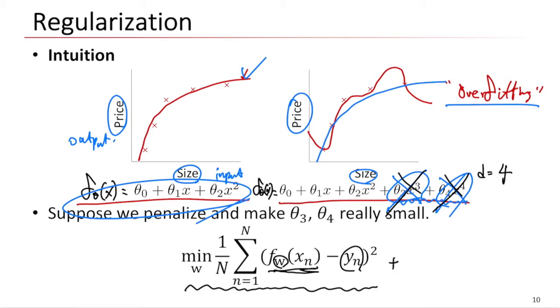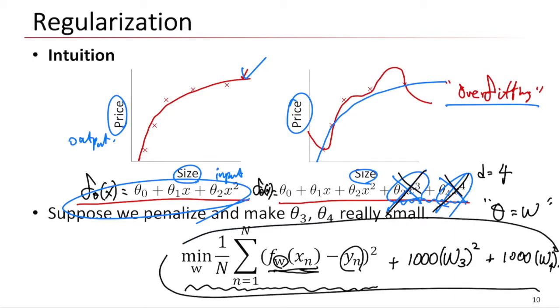So let's say in this case theta is equal to W. What if we add a term like W3 square or 1000 times W4 square?